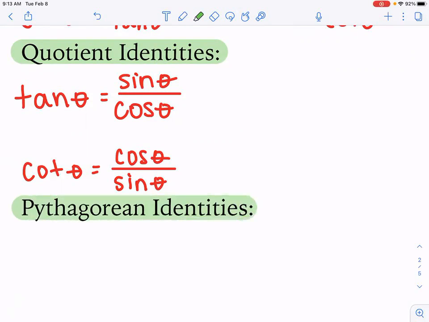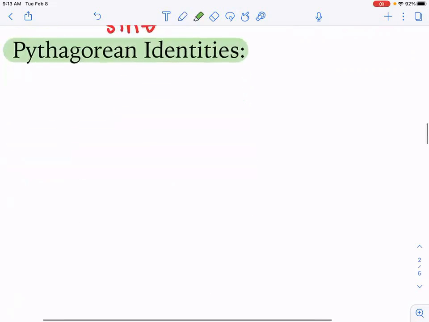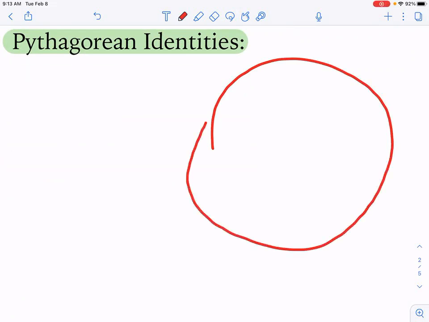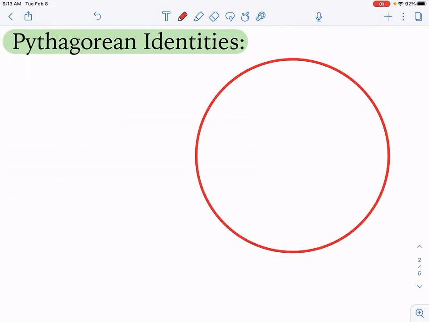Last but not least, let's talk about our Pythagorean identities. I bet this deals with what? The Pythagorean theorem. How in the heck? What did I draw here?